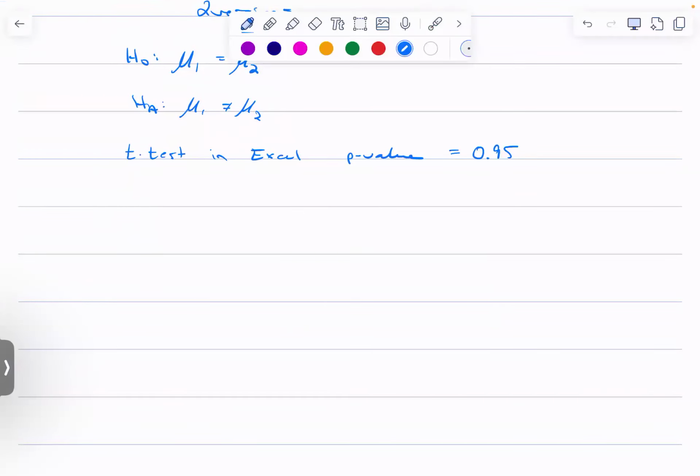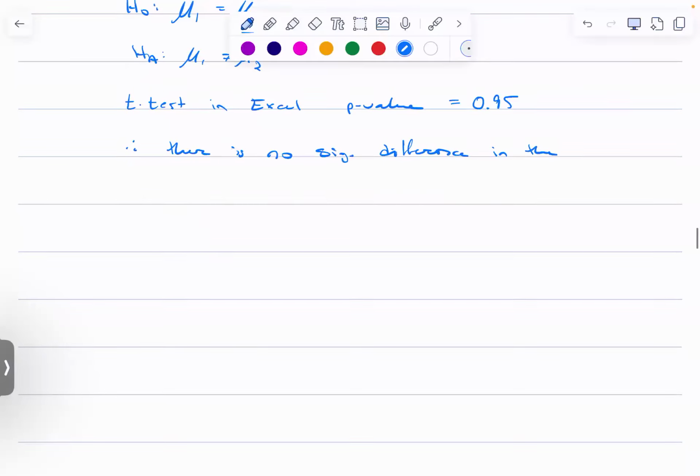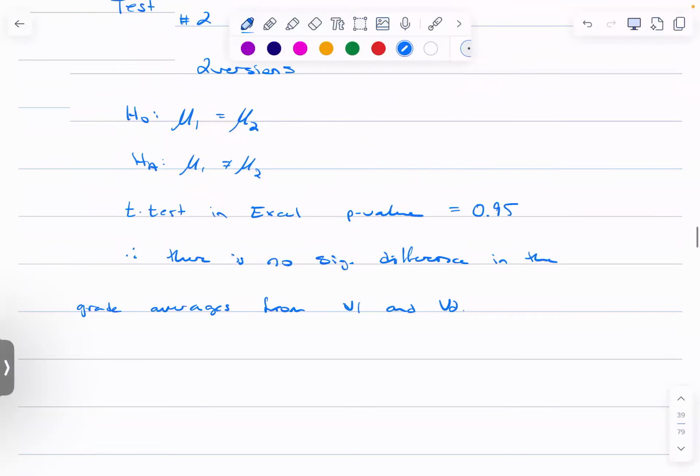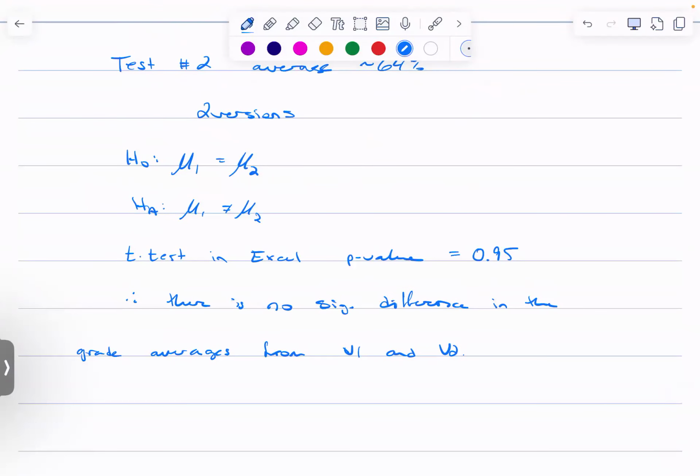So therefore, there is no significant difference in the grade averages from tests, from version 1 and version 2, I should say. They're the same. Ta-da! Stats in action. Yeah.